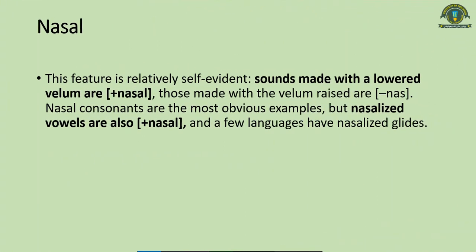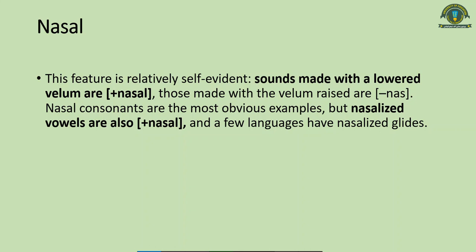Now the next manner feature is nasal. It's very simple, you already know this, that this feature is relatively self-evident. Sounds made with a lowered velum are plus nasal. When the air is escaping through the nasal passage, it means that these sounds are nasal. There are also nasalized vowels in some languages, like in Urdu and Punjabi.